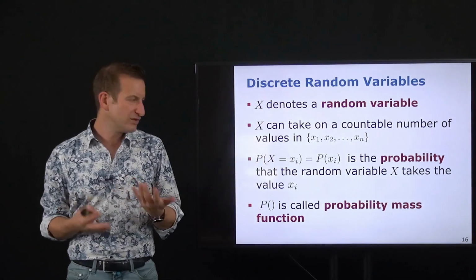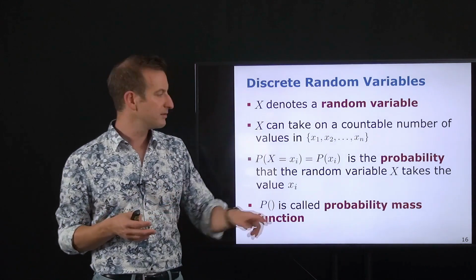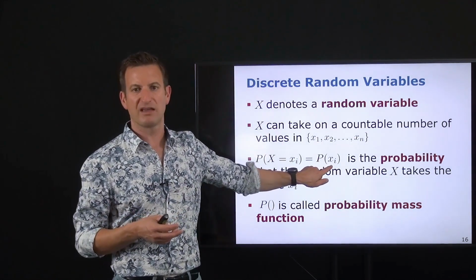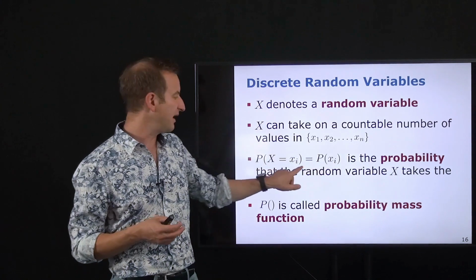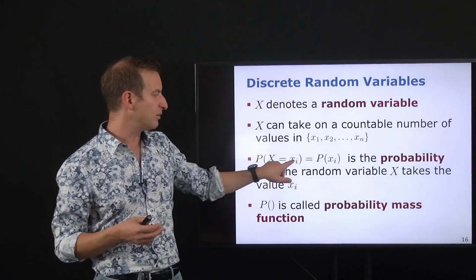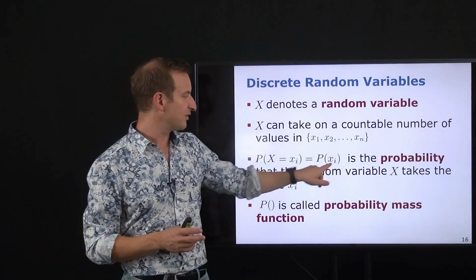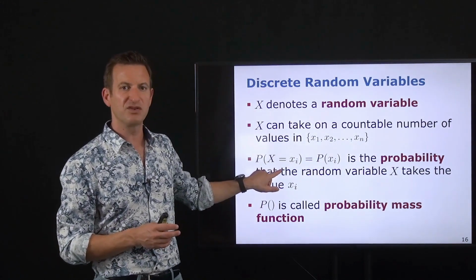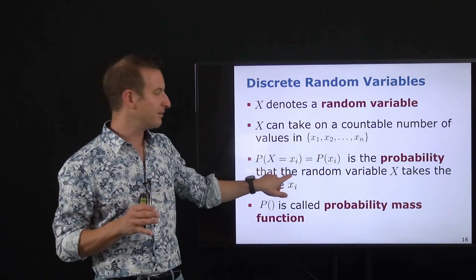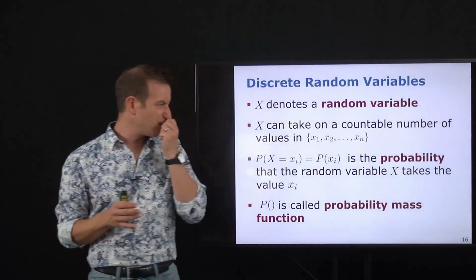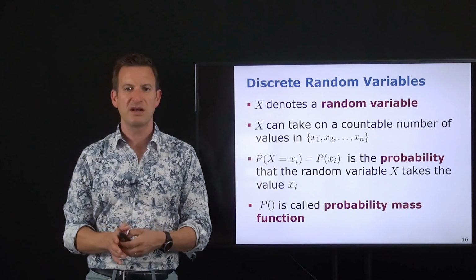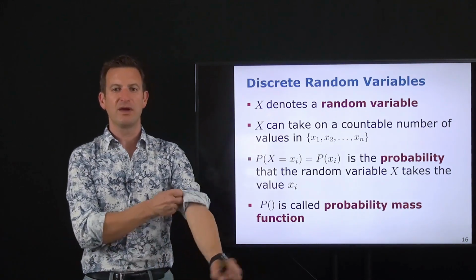We just use a sloppy notation and write this as P of xi. This means nothing else than X equals xi. In 99.9% of the cases, I will use this notation. Sometimes I will use the other one just to make things clearer, but typically we write it like this. This is the probability that the random variable X takes the value xi.